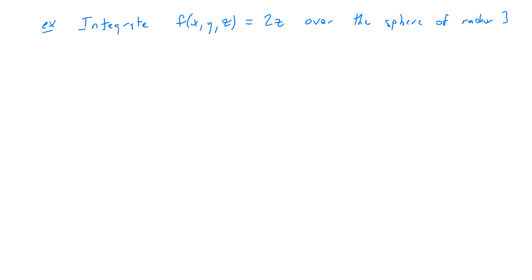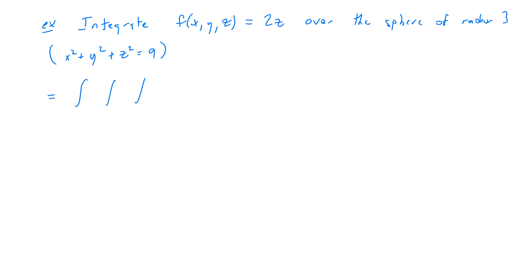When I say sphere of radius 3, unless I say otherwise, I assume it's centered at the origin, because otherwise it gets to be a messier equation. So in other words, we have x squared plus y squared plus z squared is equal to 9. So since this is what spherical coordinates are made for, you should be assuming that everything's going to be constants. And so this is just the one little thing.